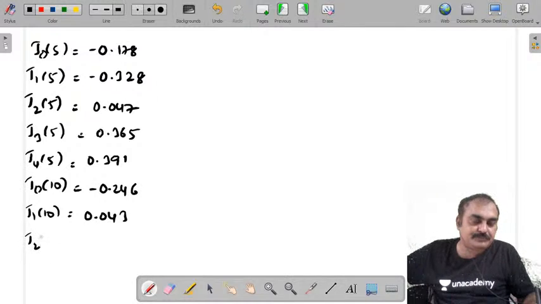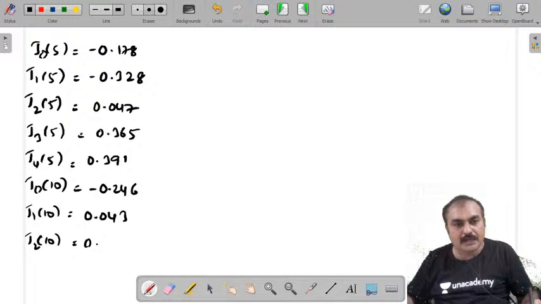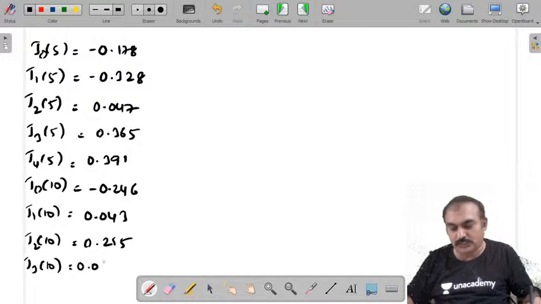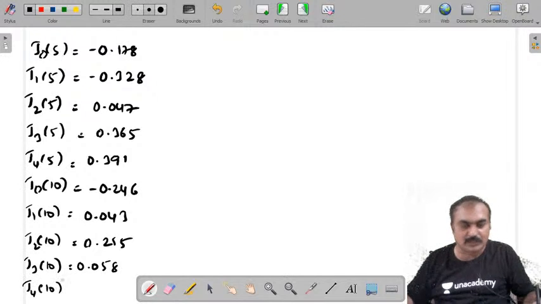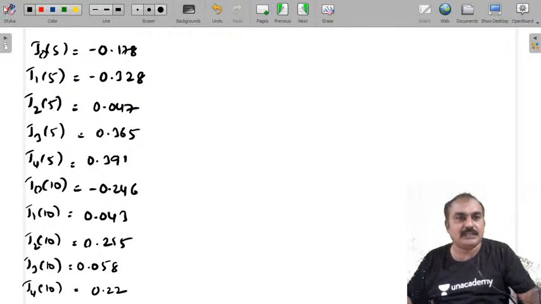J2 of 10 equal to, my dear students, 0.255. J3 of 10 equal to 0.058. And fourth one is J4 of 10, which is equal to 0.22. All these values he has given, my dear students, like this.